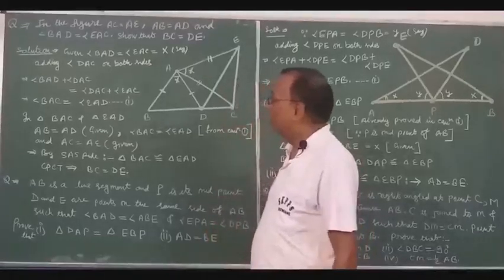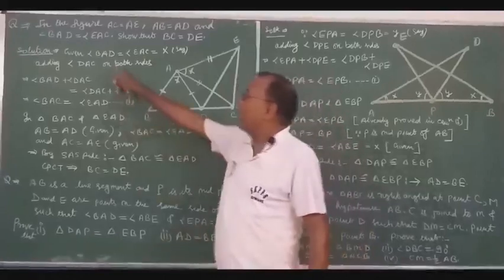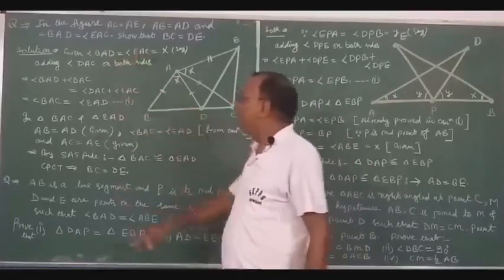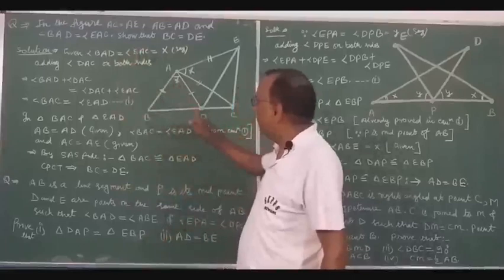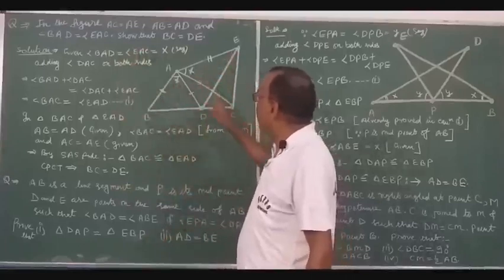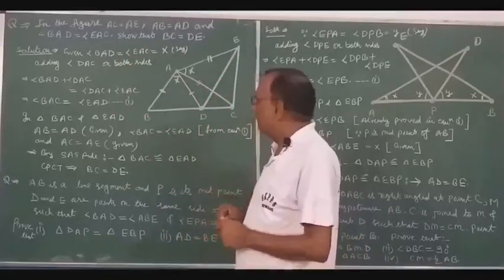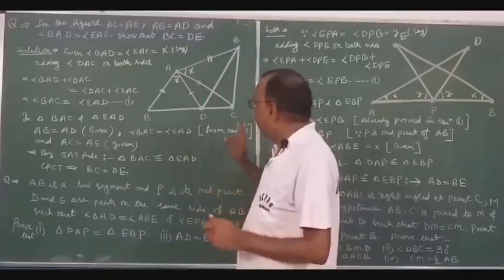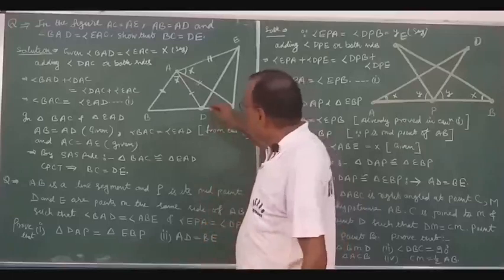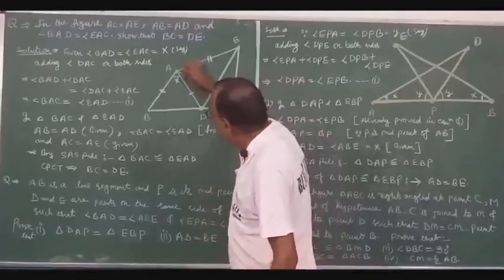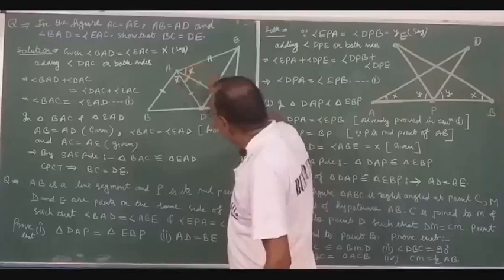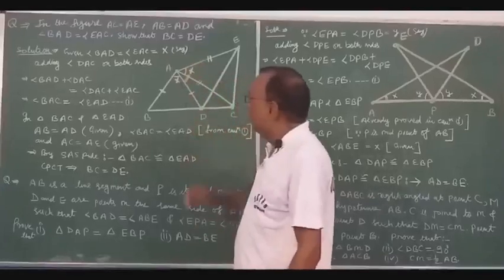Now just look here. You are given angle BAD is equal to EAC. Now we are adding angle DAC to both the sides. So what will happen?